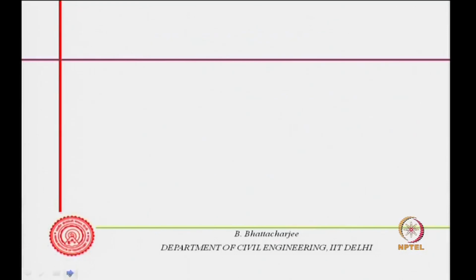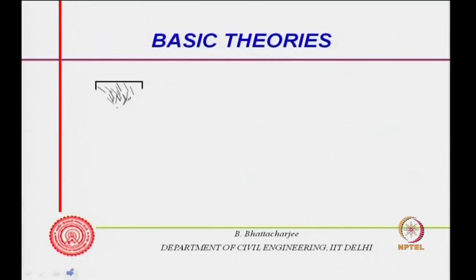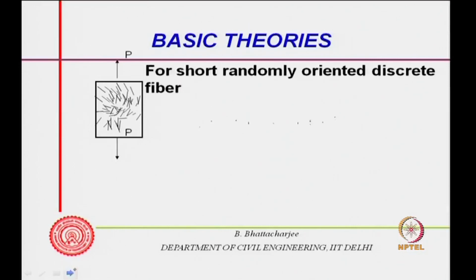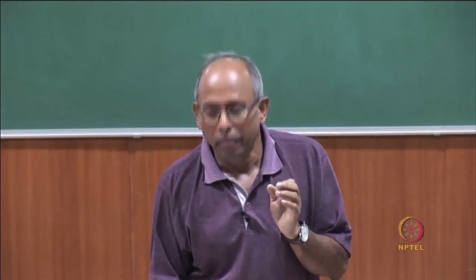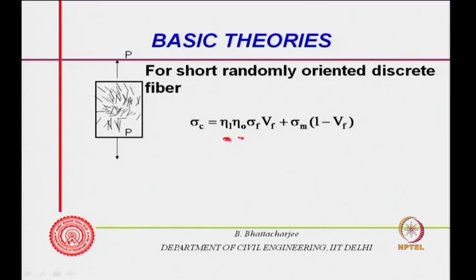But then when it comes to random fiber, what you do is add some factors, because all the fibers will not be effective, they are not aligned. So, there will be an orientation factor, eta o, and length of all the fibers will not be full length. So, there is an equivalent efficiency factor, length efficiency factor.